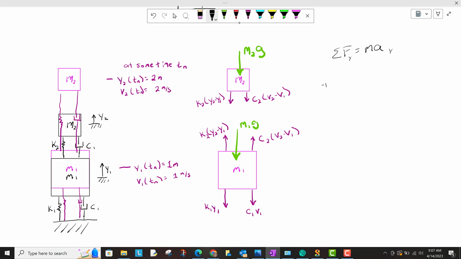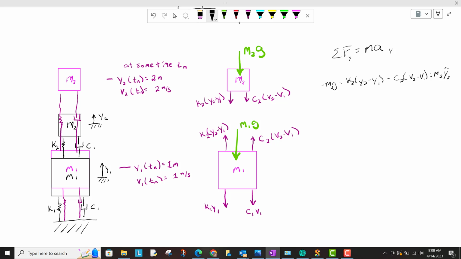And we'll have minus m2 g minus k2 times (y2 minus y1) minus c2 times (v2 minus v1) is equal to m2 times, since we're working in the y coordinate, y2 double dot. That's the acceleration of mass 2 in the y direction.